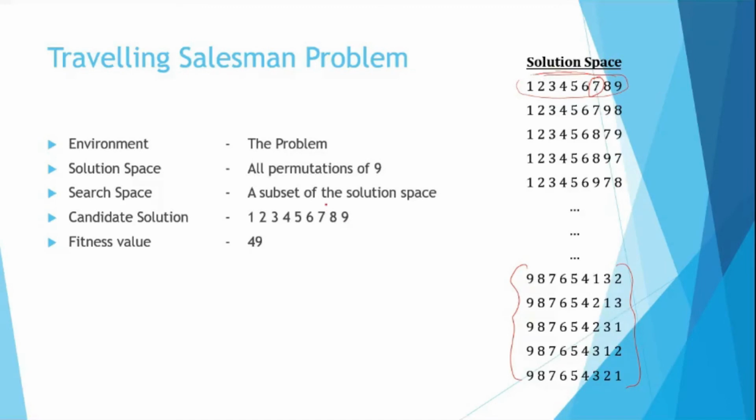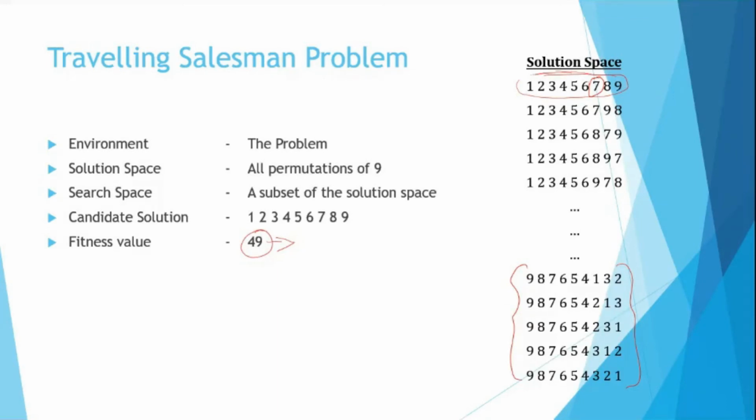And the fitness value for this solution is the distance traveled. The total distance traveled can be a fitness value. In this case it is 49, and we want to minimize it. So the fitness value can be 49, where lower is better.